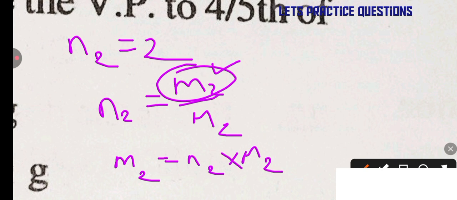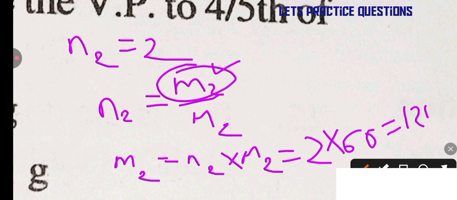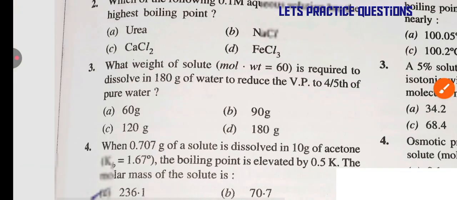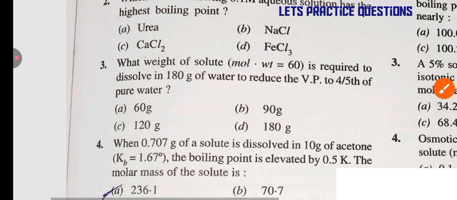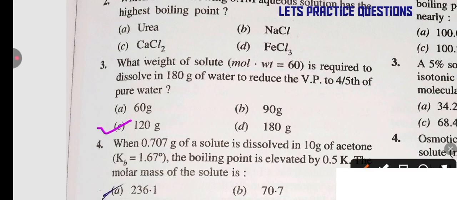The solute's mole is 2, and the molecular weight given in the question is 60. Hence the mass of the solute is 120 gram. So option C, 120 gram, is the correct answer.